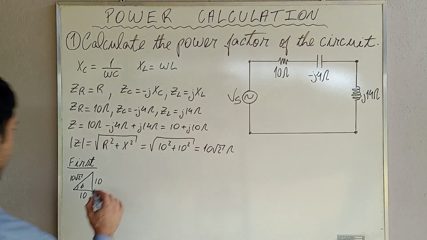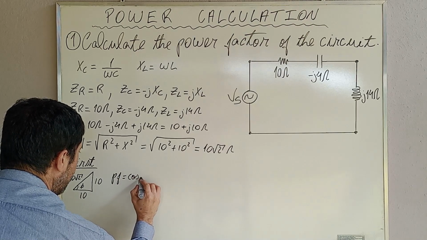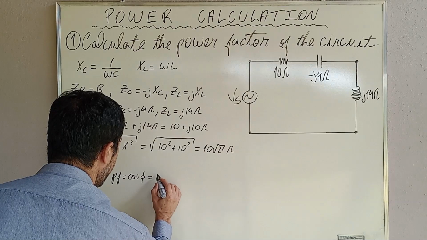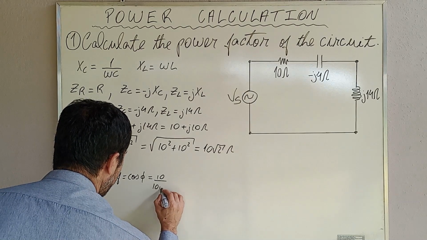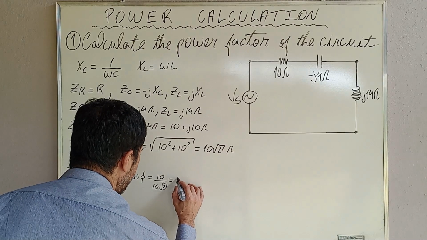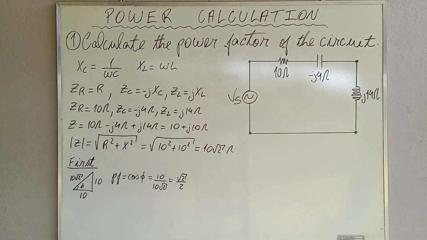The power factor is the cosine of this angle here: 10 divided by 10 square root of 2, and this is equal to the square root of 2 divided by 2. This is the first method.